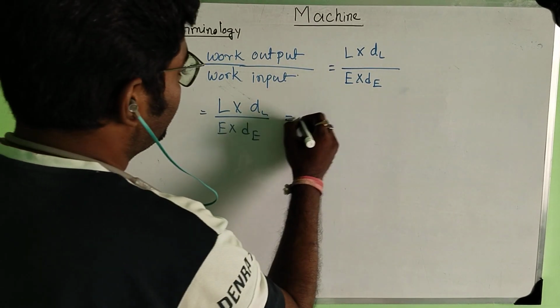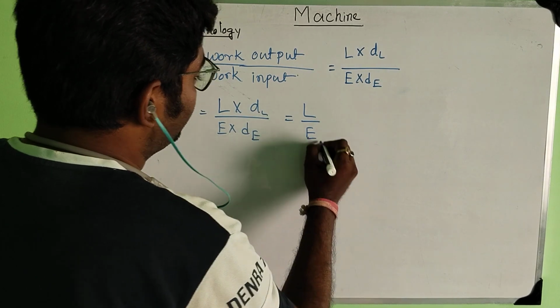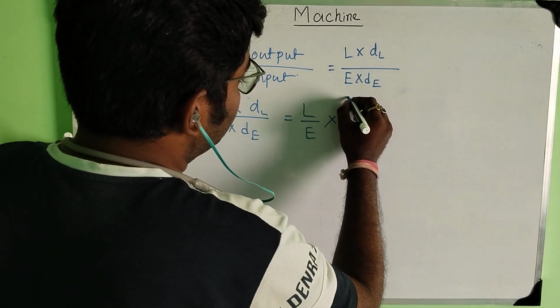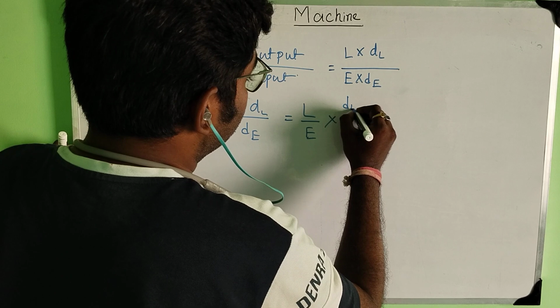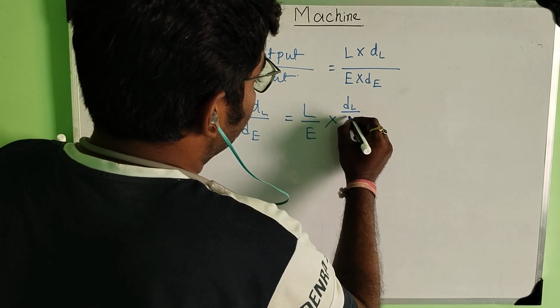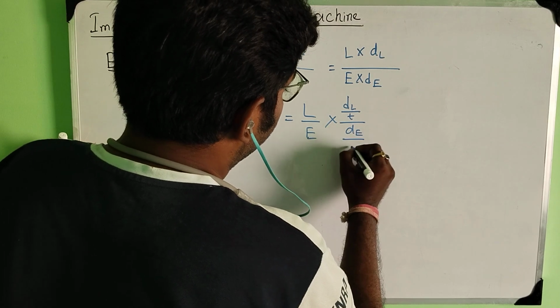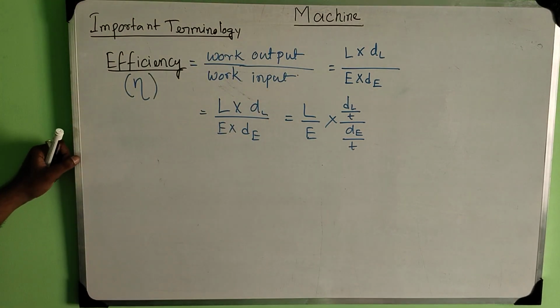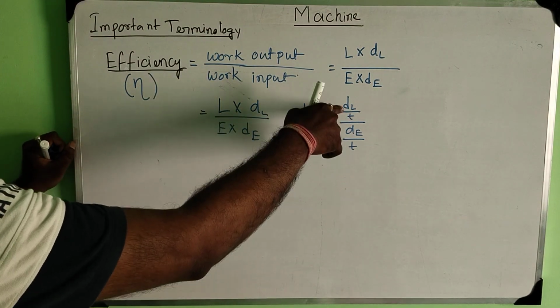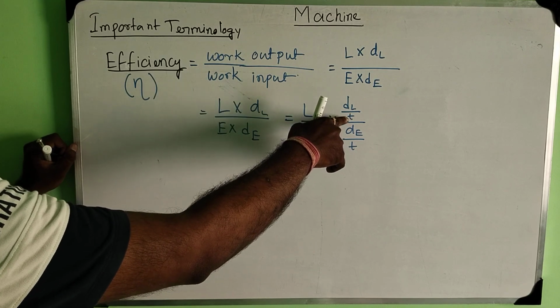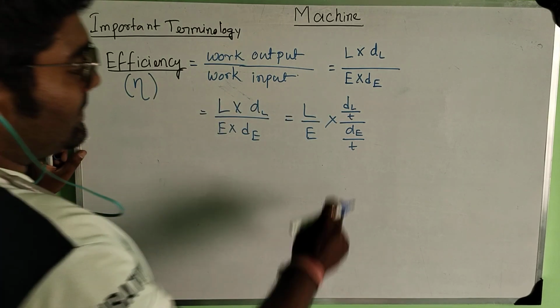Now I divide numerator and denominator by t, that is time.